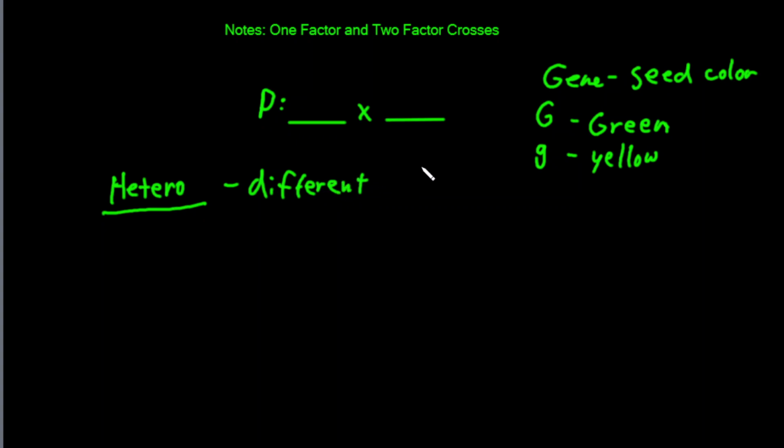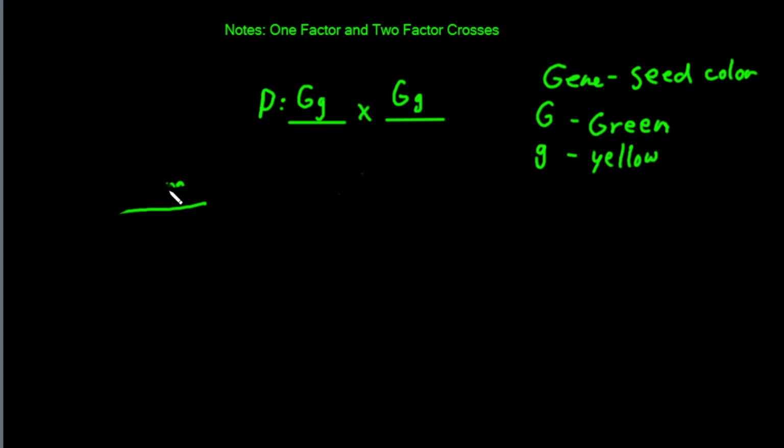In other words, one will be capital and one will be lowercase. So a heterozygous genotype is capital G, lowercase g. And since it says to cross two heterozygous plants, we would be crossing one capital, one lowercase, one capital, one lowercase. And that would be our parental genotype.